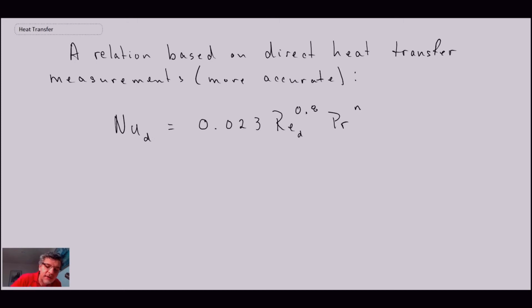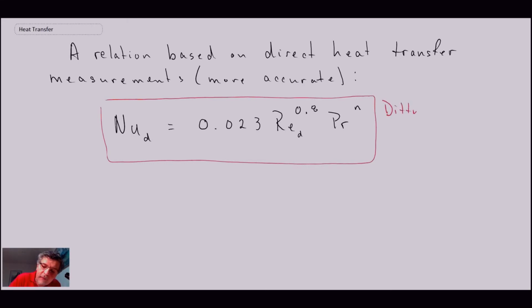This expression is referred to as the Dittus-Boelter Equation, and it is a very useful equation for computing the convective heat transfer coefficient in turbulent pipe flow.